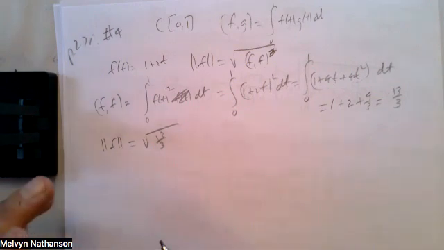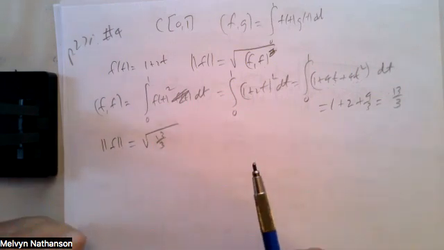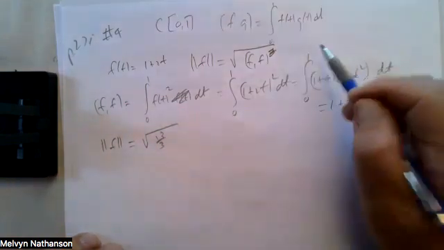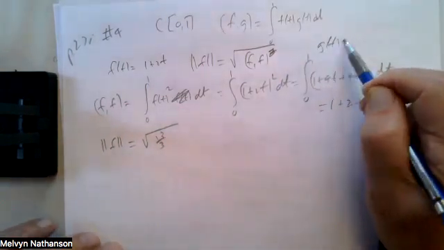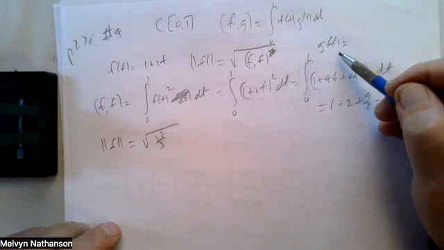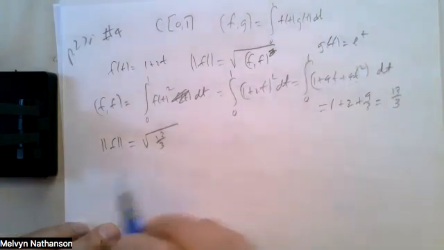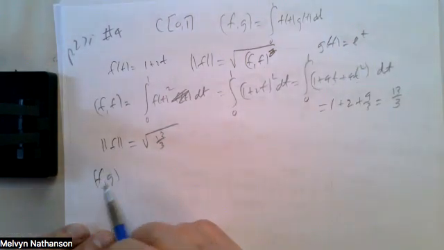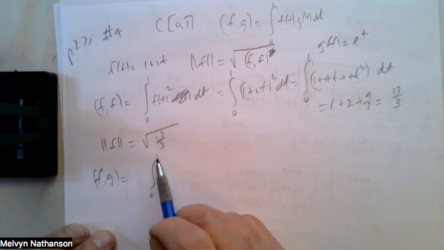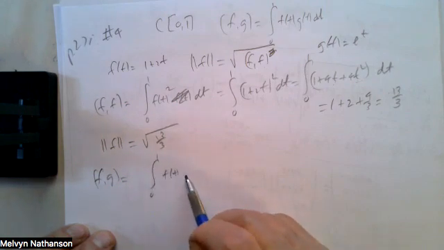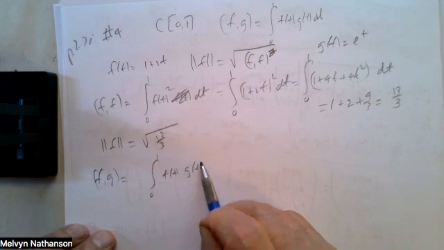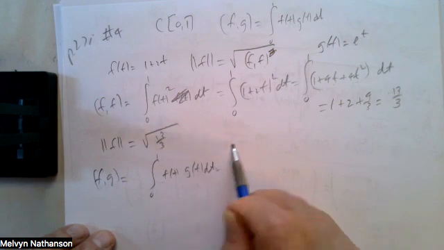And these are just integrals. If g of t is the function e to the t, the inner product of f and g is the integral from 0 to 1 of f of t, g of t, dt.